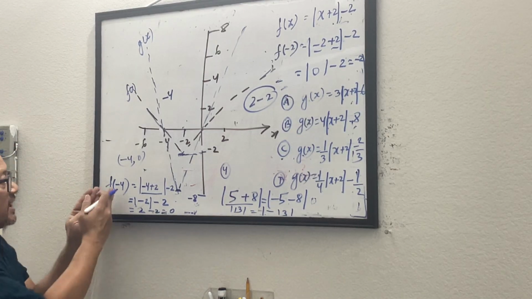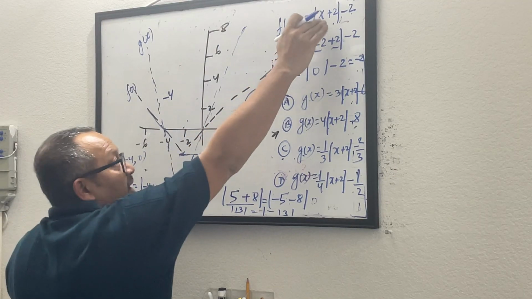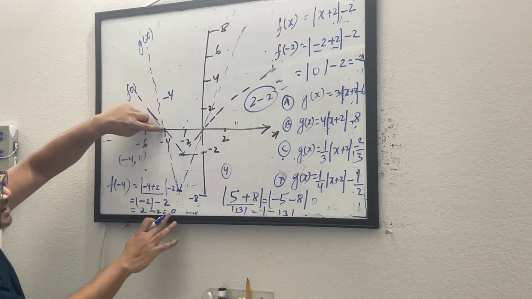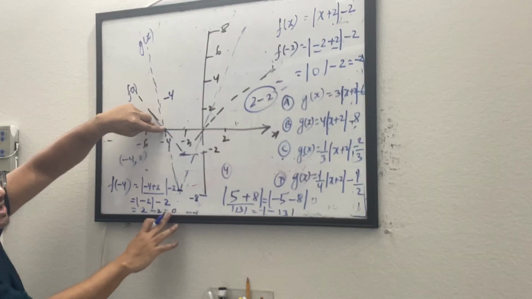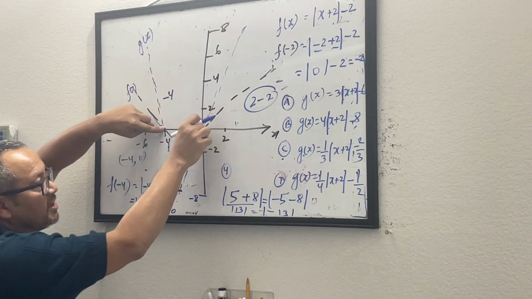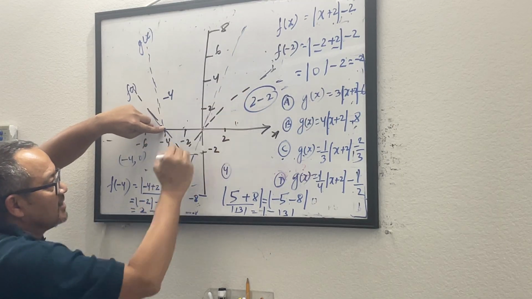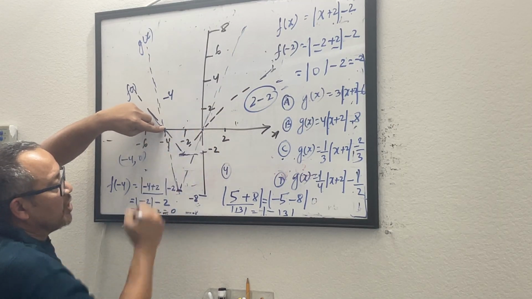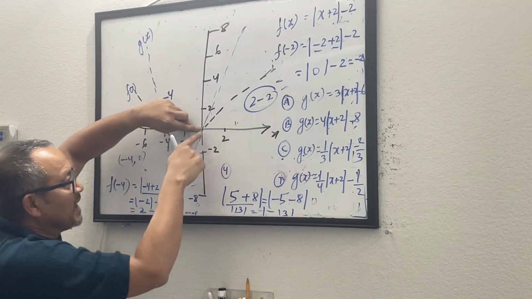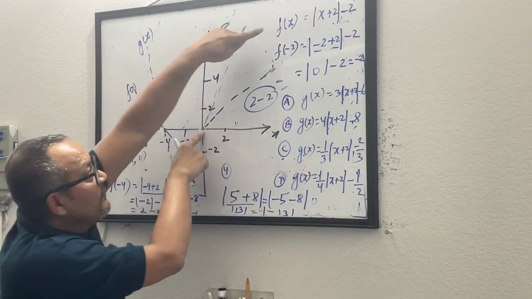That is why this f of minus 4, when we put it here in this one, it got us this value and we see it crossing this point. Similarly, if you want to find out f of 0, meaning when this black graph is crossing this point, is this correct? Is this crossing this point? Meaning when I put x equal to 0, do I get f of x also equal to 0?